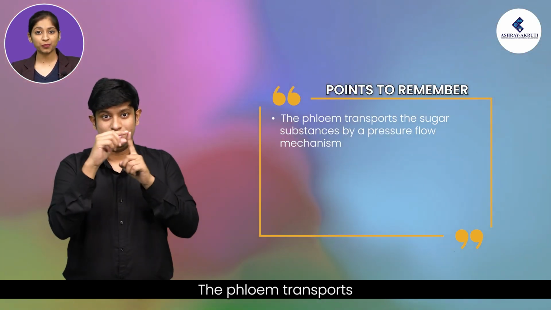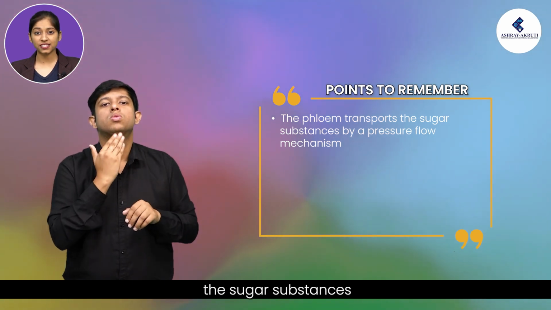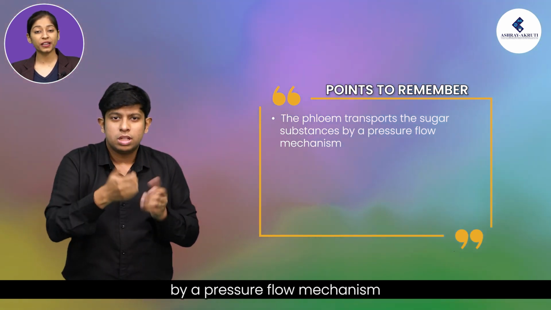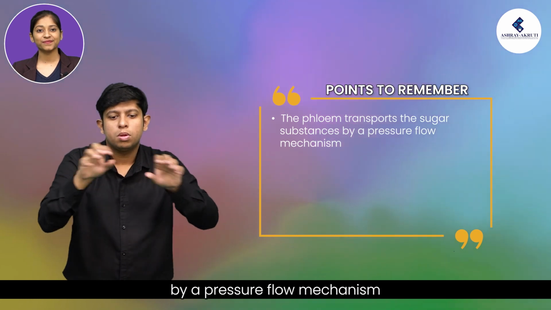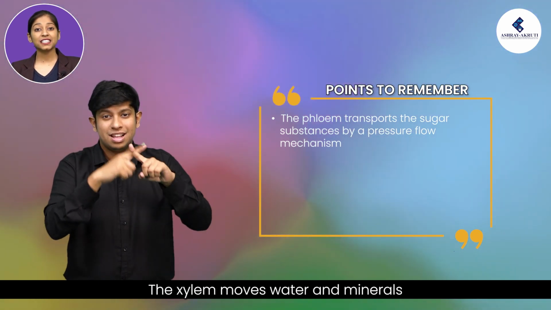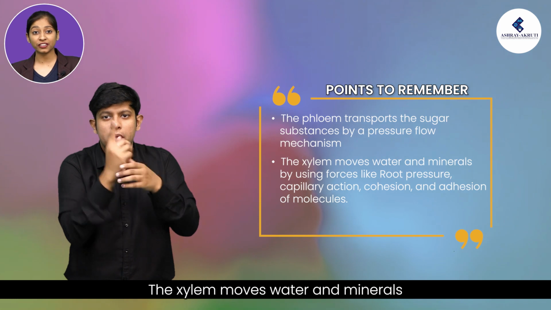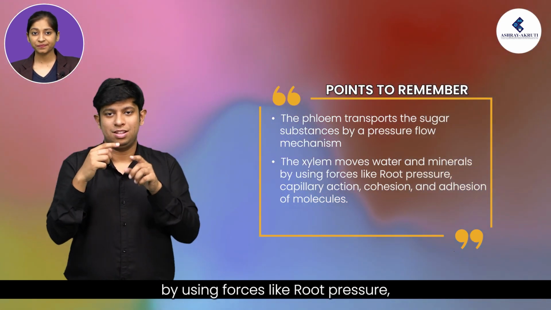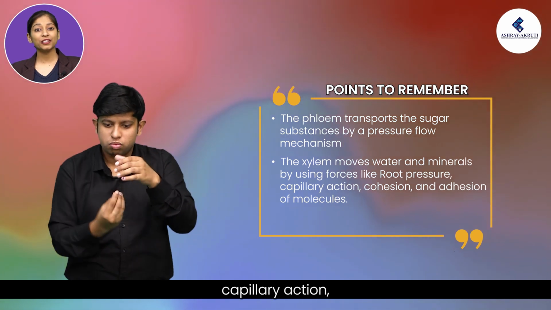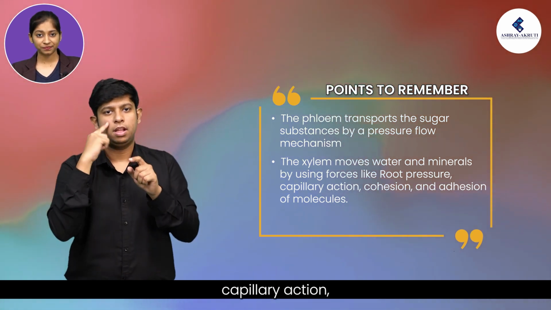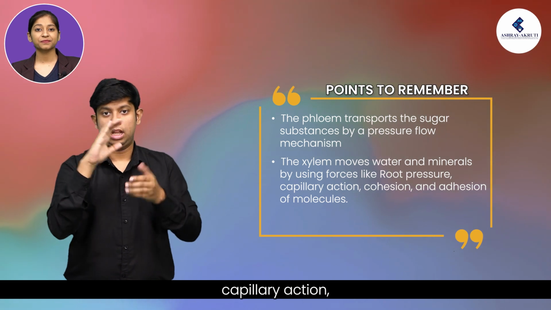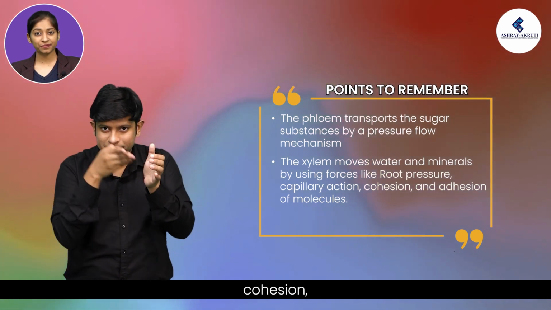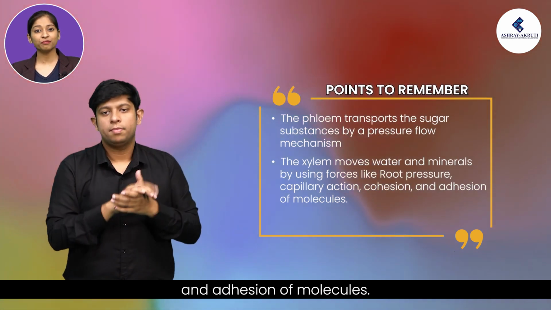The phloem transports the sugar substances by a pressure flow mechanism. The xylem moves water and minerals by using forces like root pressure, capillary action, cohesion, and adhesion of molecules.